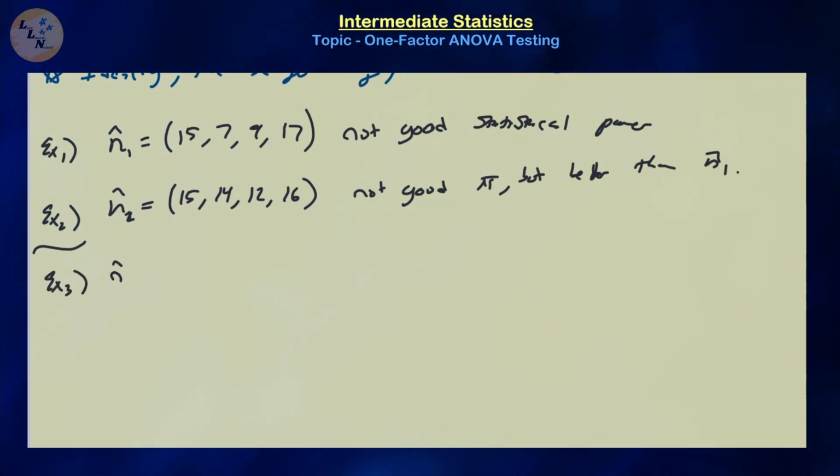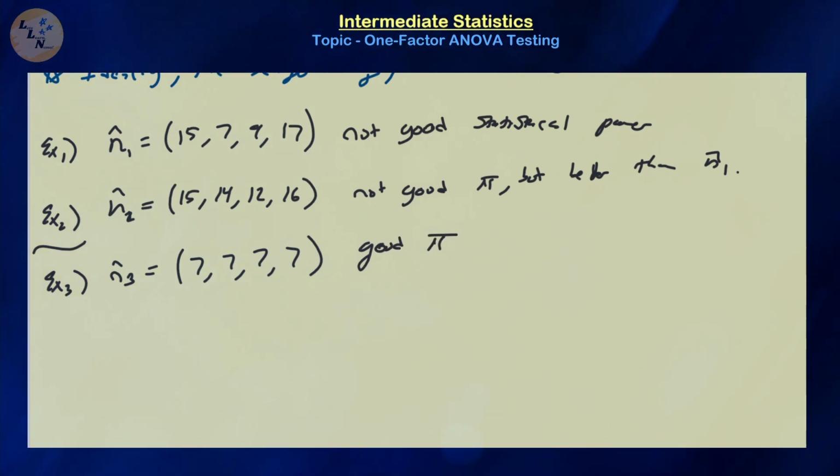If we consider the sample size vector n hat 3, for example 7, 7, 7, and 7, that is good statistical power. That is the maximal statistical power you can have for that particular sample size combination.